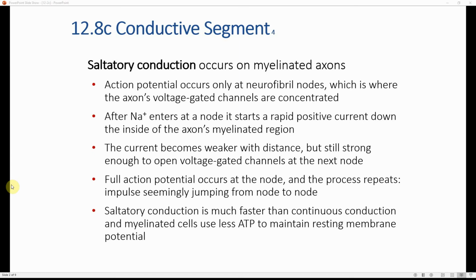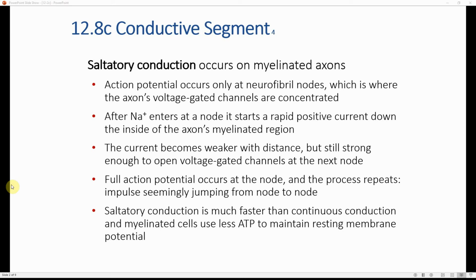Saltatory conduction occurs on myelinated axons, and here's where myelin comes into play and is able to allow us to conduct our signals much quicker. The action potentials only occur at those nodes of Ranvier. After sodium enters at a node, it starts a positive current down the inside of the axon's myelinated region. The current becomes weaker with distance, but it's still strong enough to open up our voltage-gated channels at the next node.